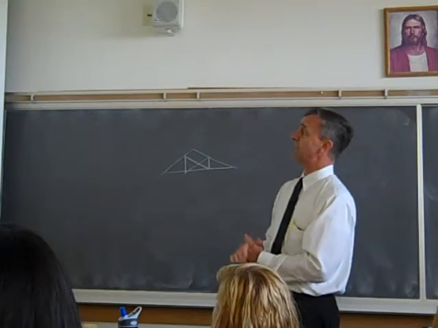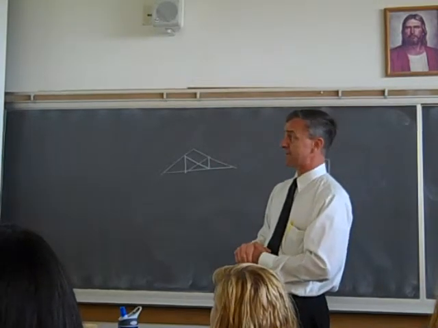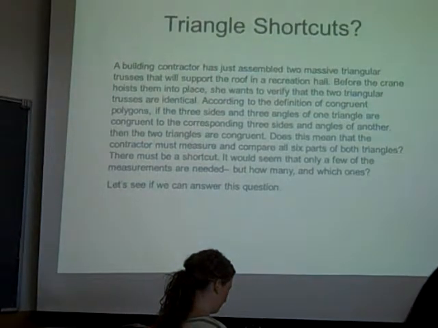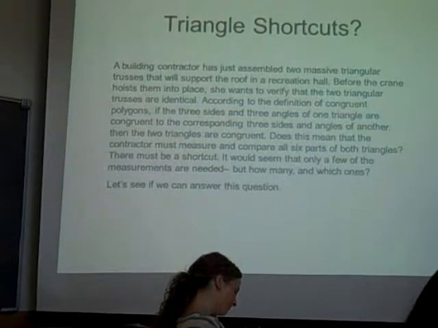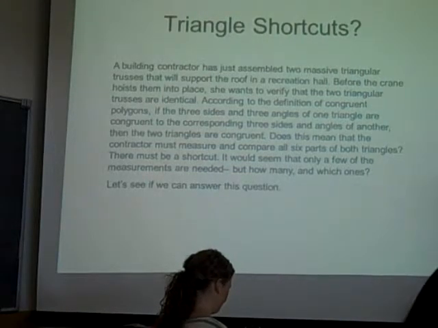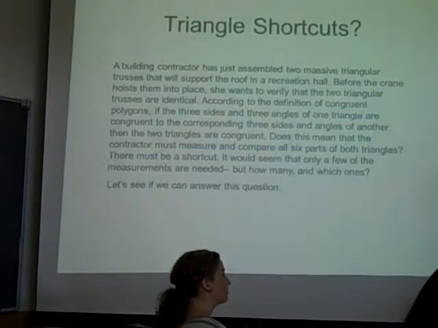Okay, according to the definition of congruent polygons, if the three sides and three angles of one triangle are congruent to the corresponding three sides and angles of the other triangle, then the two triangles are congruent. Does this mean that the contractor must measure and compare all 6 parts?